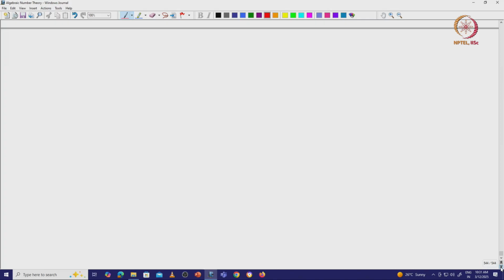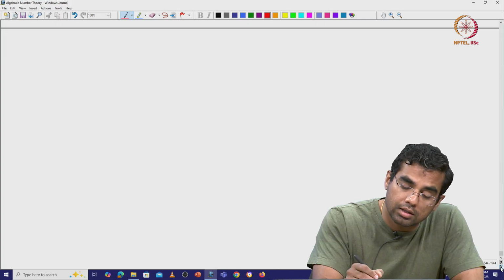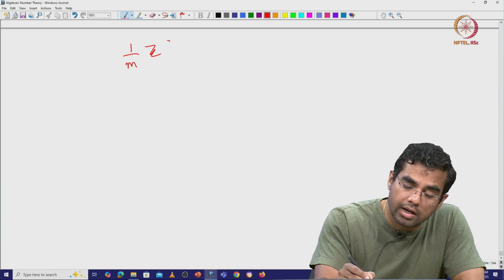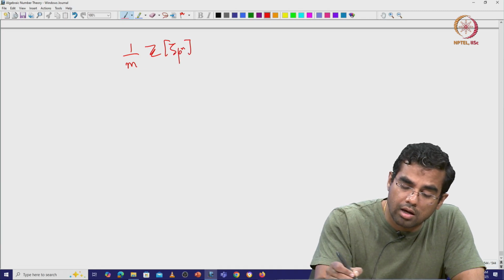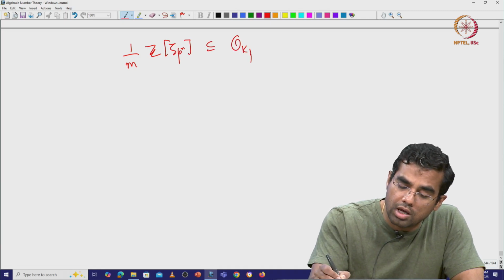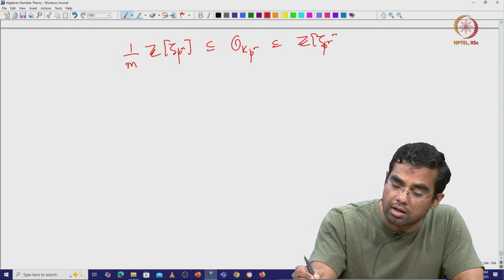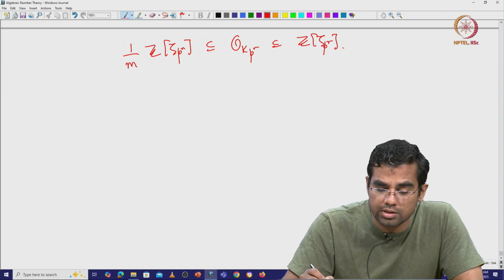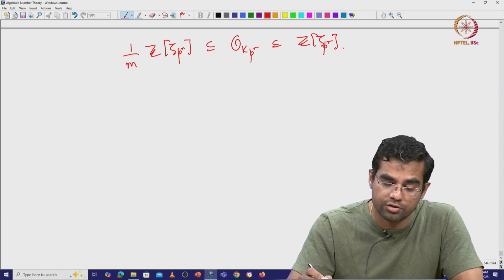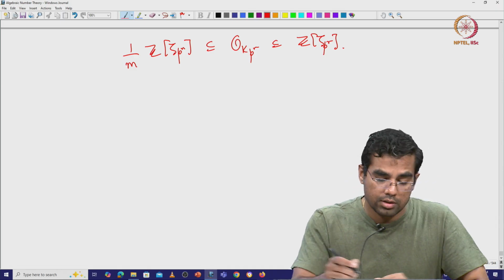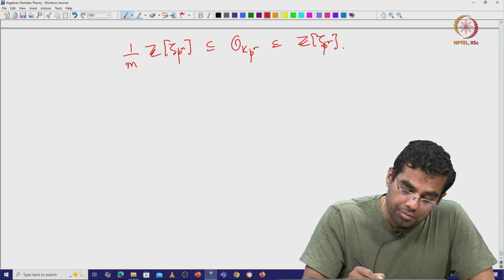So what does this mean? This means that (1/m)Z[ζ_{p^r}] is contained in O_{K_{p^r}}, which is contained in Z[ζ_{p^r}]. So the only denominators that can occur are powers of p.